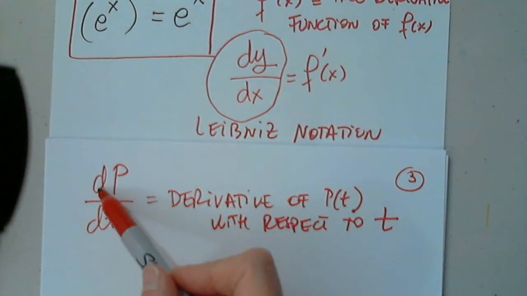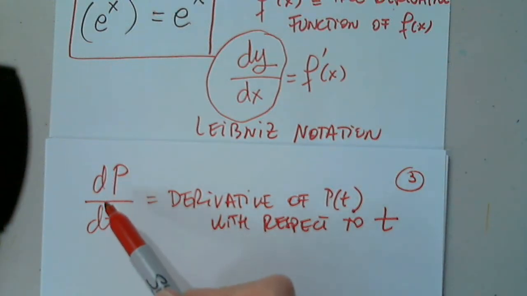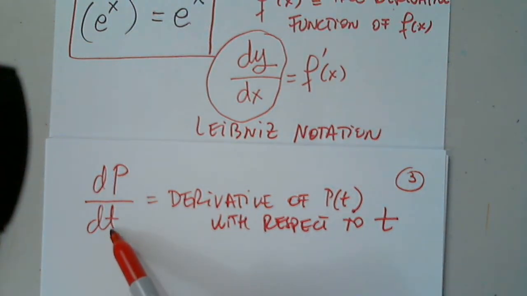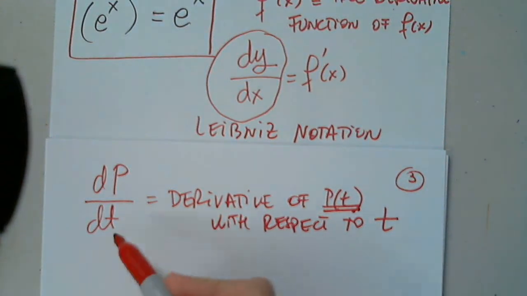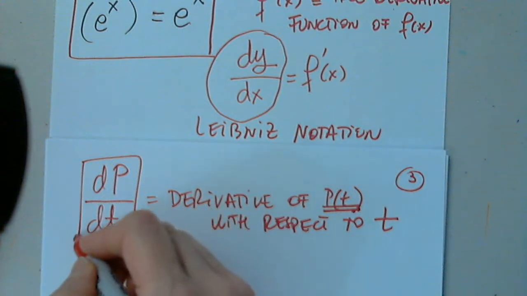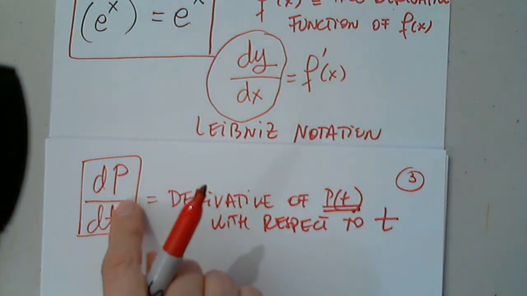So we are differentiating function p with respect to a variable t, which means automatically that p is a function of t. Otherwise, I wouldn't be able to differentiate. So p is not function of x, y or w, but it's a function of t.